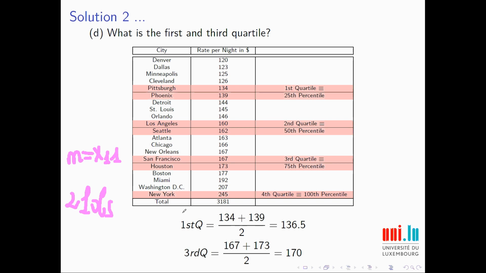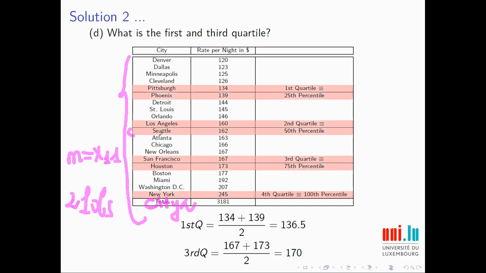So, for example, let me add here a city, let it be Seattle. Here, for example, we have 21 observations.